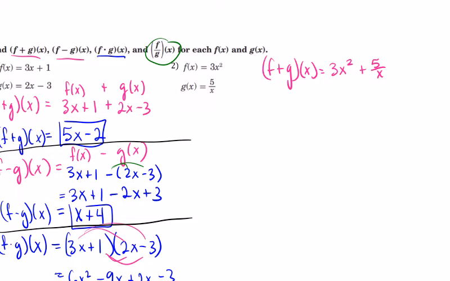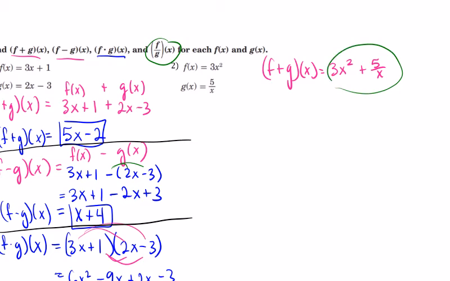And there's really nothing we can do with that. We could get a common denominator here, put this over 1, multiply by x on top and bottom, and go from there. But we're going to learn that a little bit later in the next chapter. Actually, we're going to talk about rational expressions and functions. So we're not going to deal with that right now. So we can just leave it like it is.